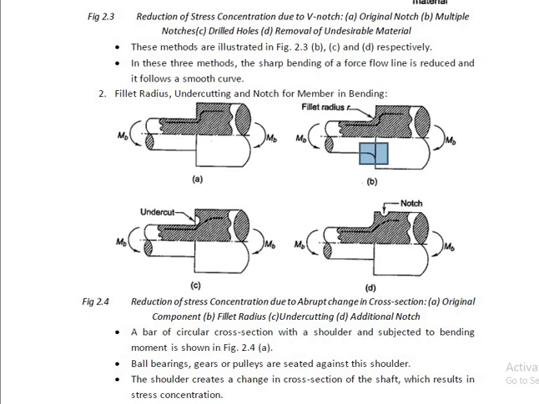Always keep in mind, there is no 100% reduction of the stress concentration, but the intensity of the stress concentration will get reduced. So the first method to reduce the stress concentration when the member is subjected to bending is providing a fillet radius.